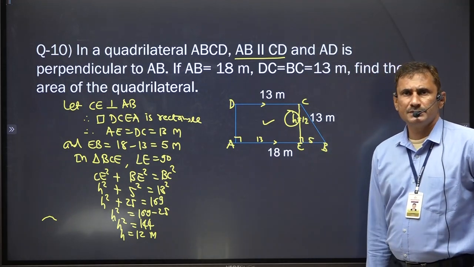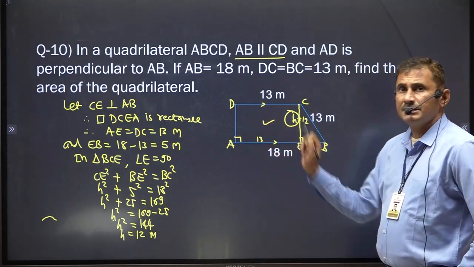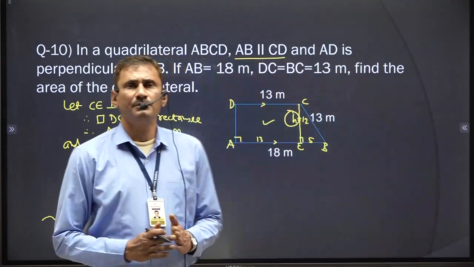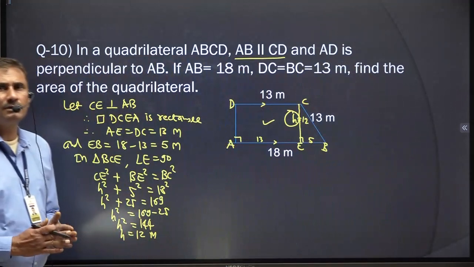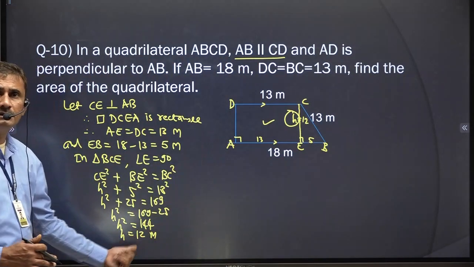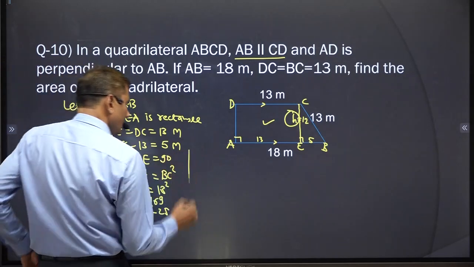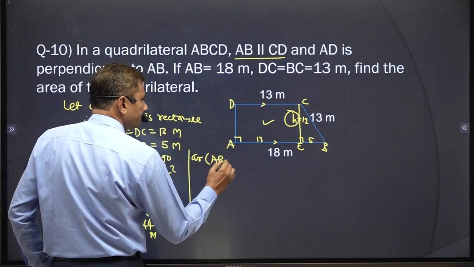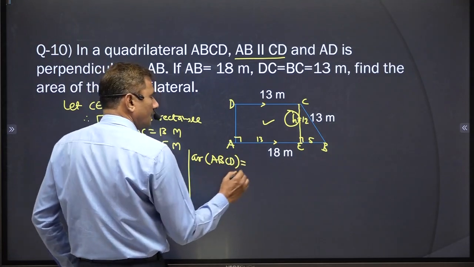Now you can use the trapezium's formula. Which formula? Half into the sum of parallel sides into altitude. Altitude is 12 itself. So now I write area of ABCD equal to half.